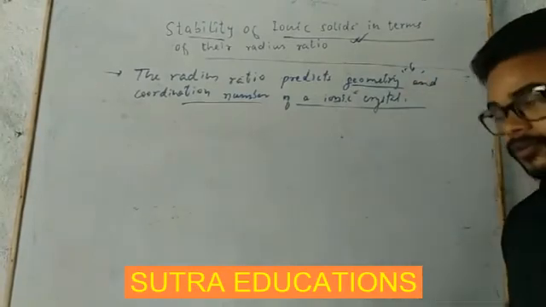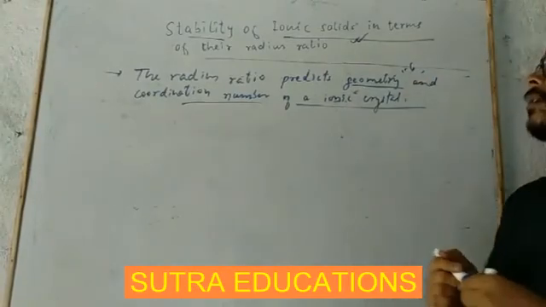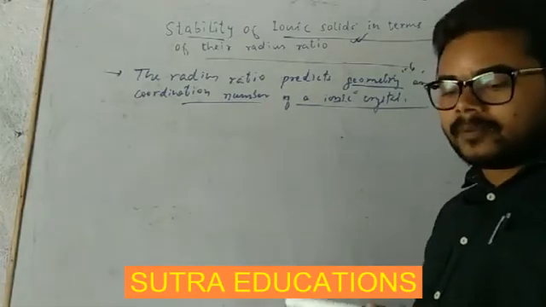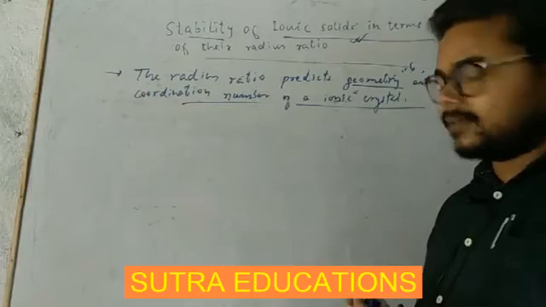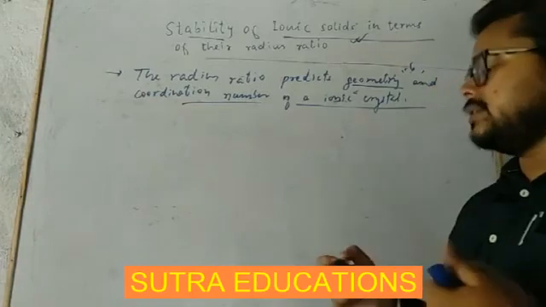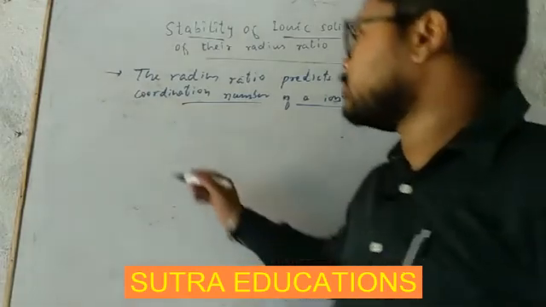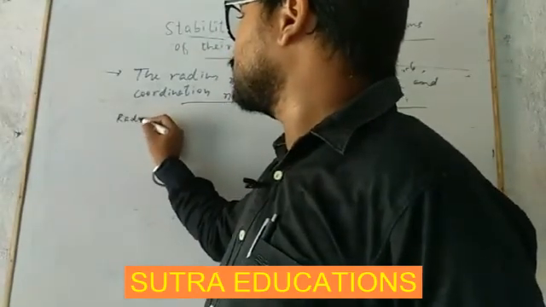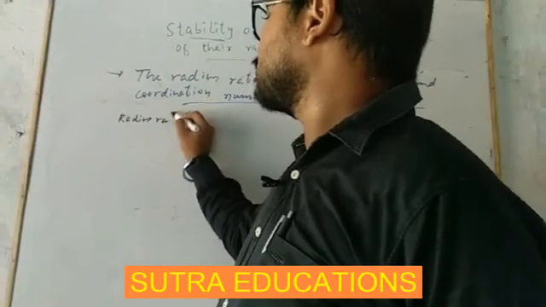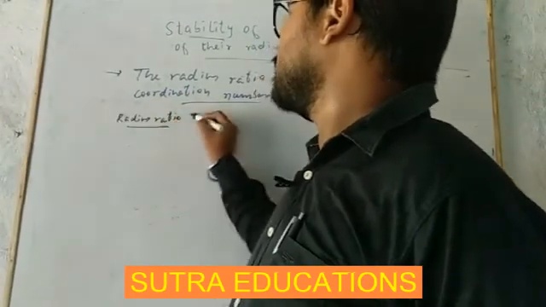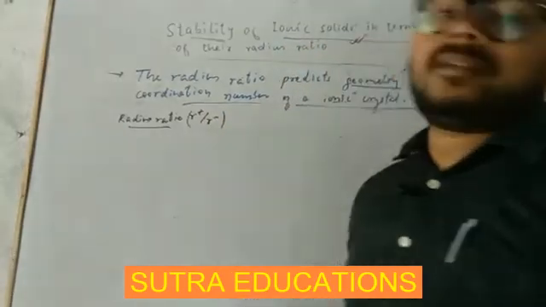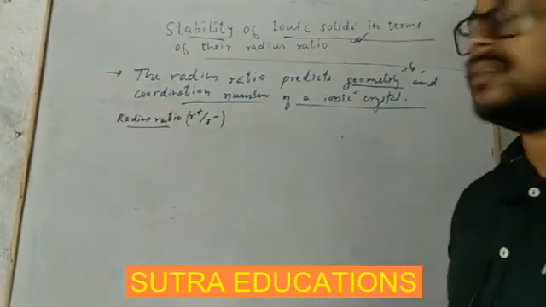Okay, so how can it predict geometry and coordination number? Okay, I am going to give you one chart. Right here radius ratio, means r plus upon r minus, radius of cation upon radius of anion.